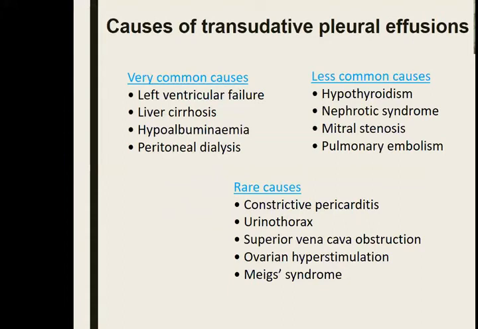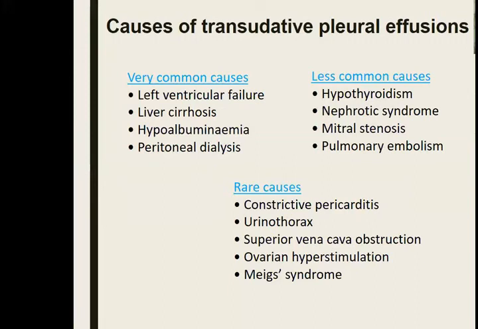Now, on the basis of this, we can divide the causes of effusion. These are the two major groups: one is the transudate, one is the exudate. For a transudate with low proteins in the pleural fluid, the causes will be left ventricular failure, cirrhosis of liver, hypoalbuminemia, mostly either liver failure or the kidney excreting a large amount of protein, like nephrotic syndrome. Sometimes peritoneal dialysis can also cause a loss of proteins from the blood.